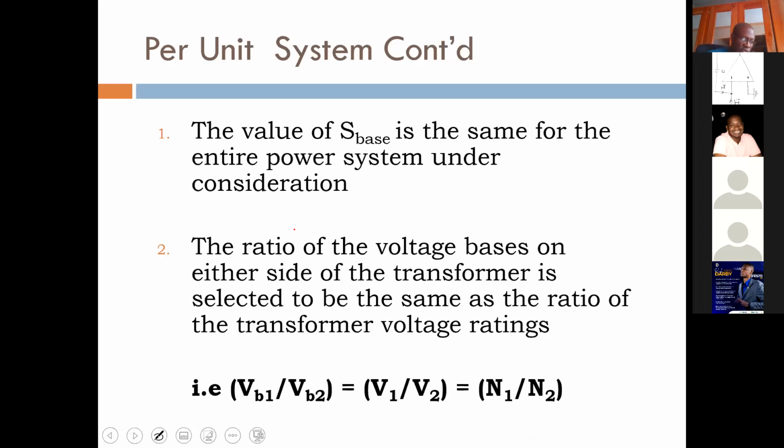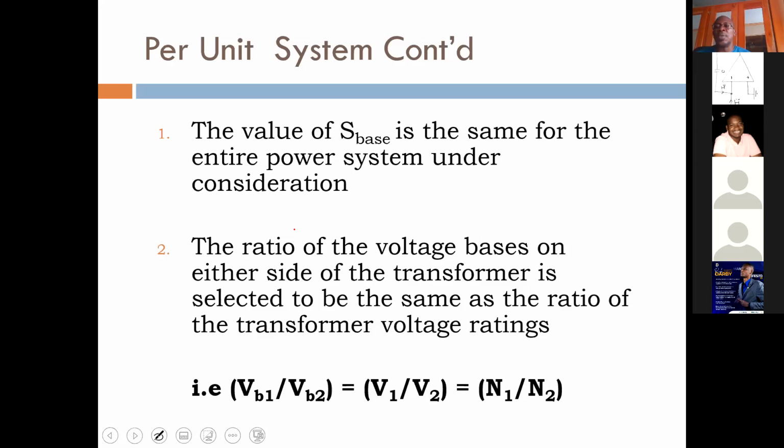Let me try and simplify this. What we are saying here, students, is that there are only two values that we're going to select: the base voltage and the base MVA, okay?